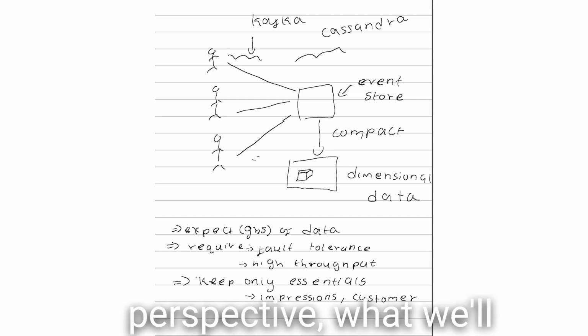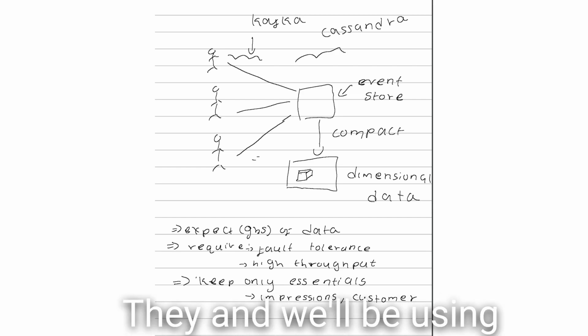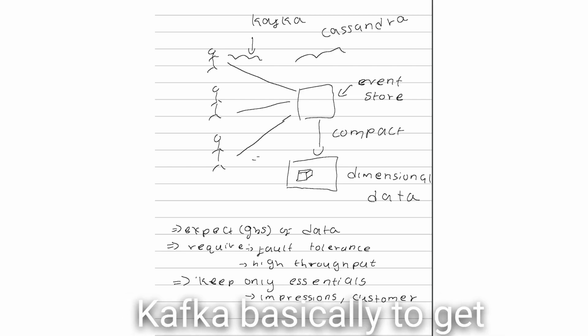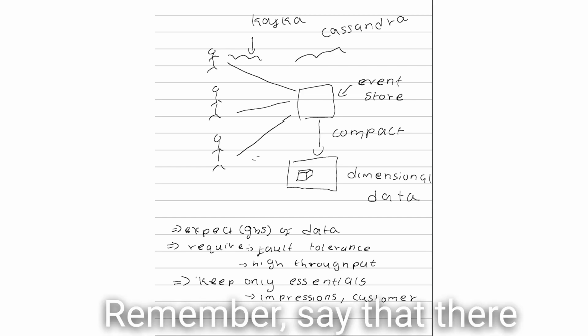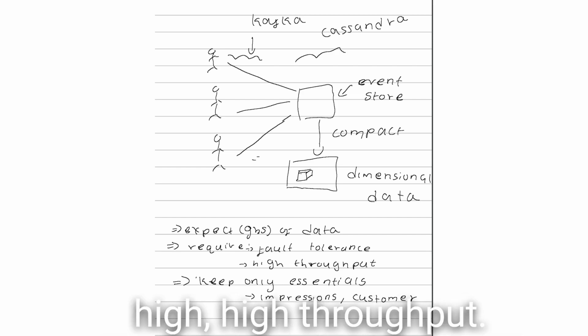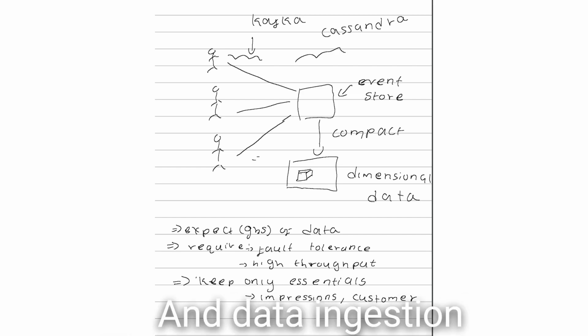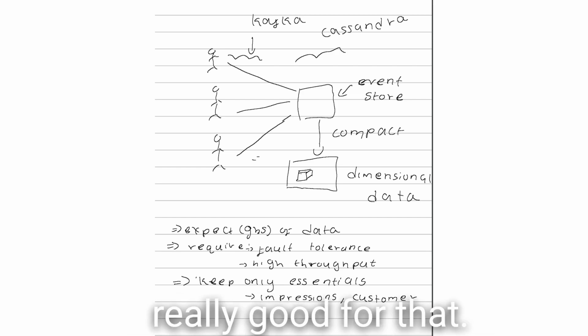From a tooling perspective, what we'll be using here is Kafka. And we'll be using Kafka basically to get events that are coming in from our users. Remember I said that there are a lot, so that means we needed a tool that has high throughput and data ingestion with really low latency. So this is really good for that.